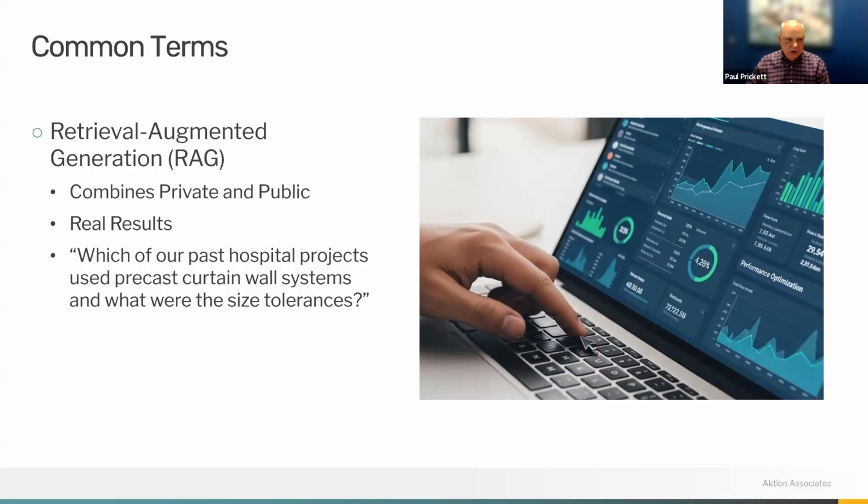And so the example here, of which of our past hospital projects used precast curtain wall systems and what were the size tolerances, that's the type of thing you would throw into an AI system using RAG, and it would not only give you an answer, but it would give you back the specific documents and the drawings and such that showed that, which makes AI not only much more useful in business terms, but this is where it actually turns into something that becomes safe, traceable, reliable, and truly usable in a regulated industry because it's structured by the input that you are giving it.